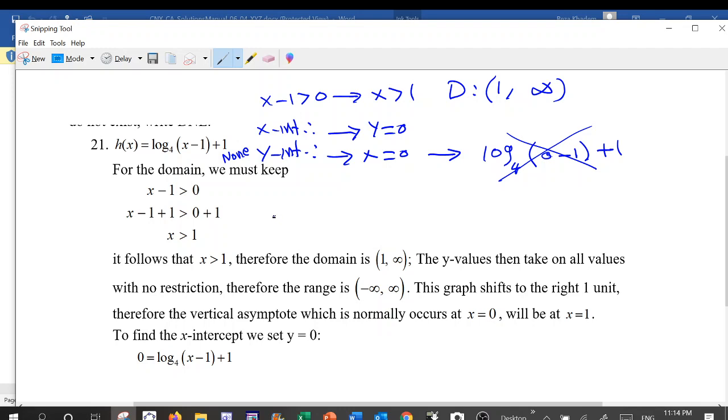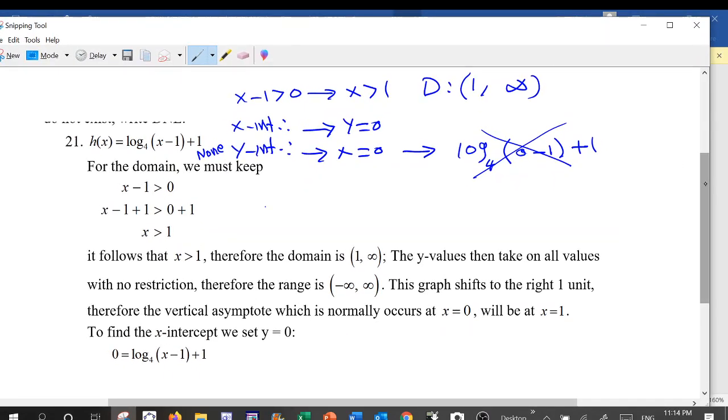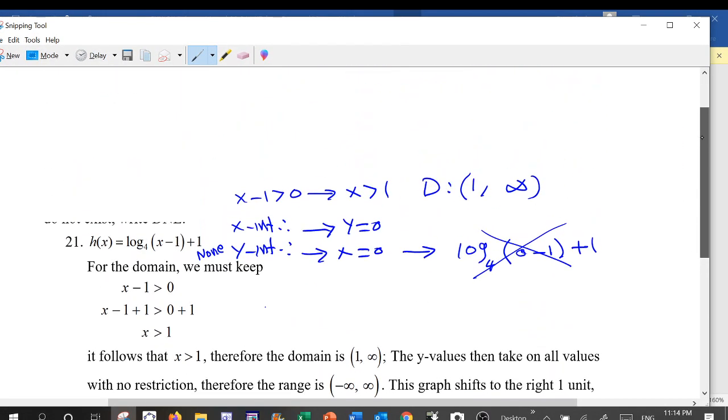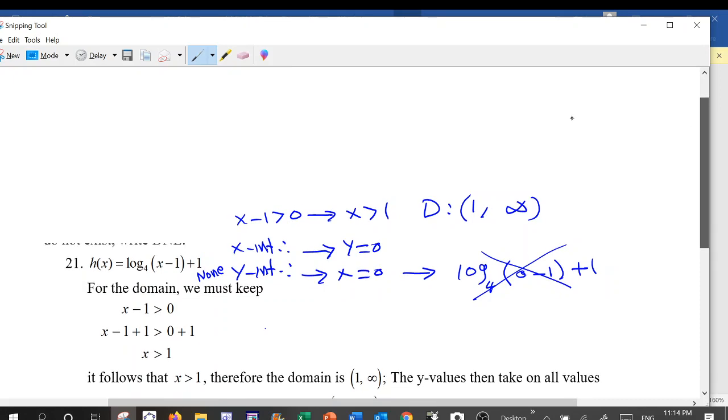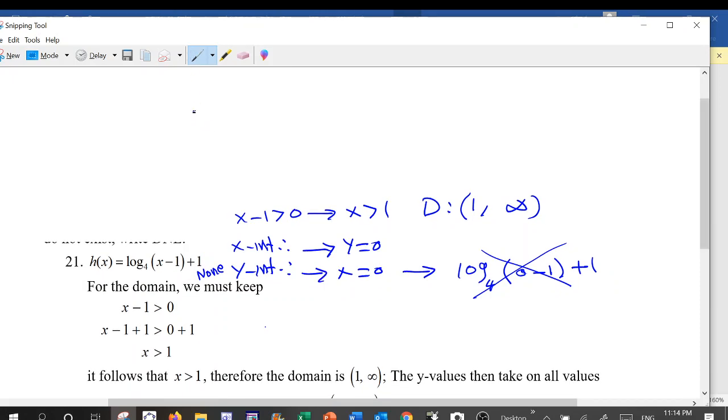Now what about x-intercept? To find the x-intercept, we have to put log base 4 of x minus 1 plus 1 equal to what? 0.